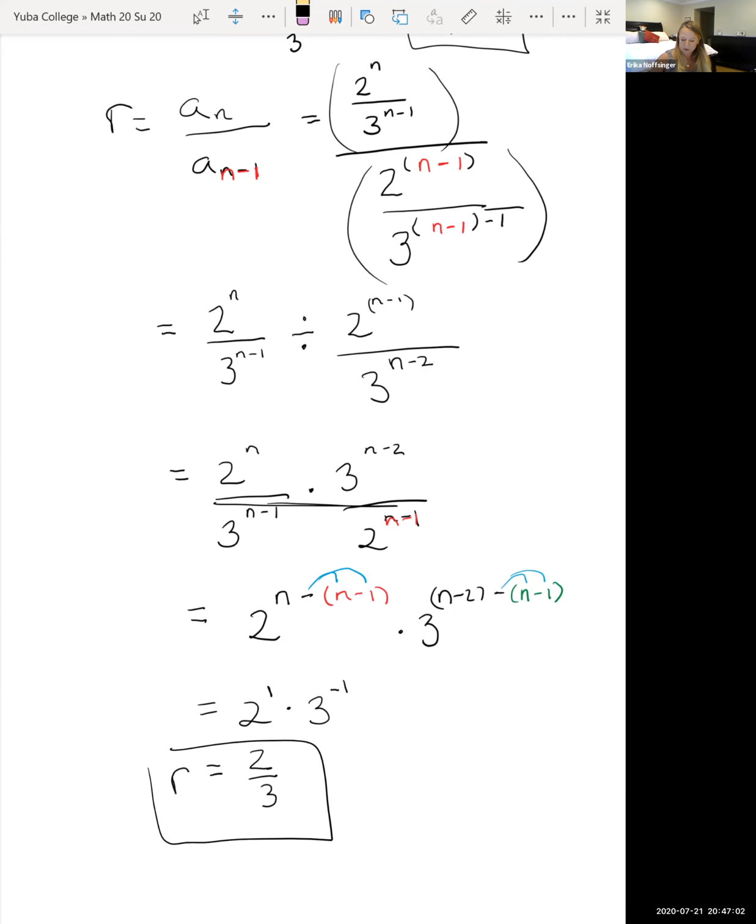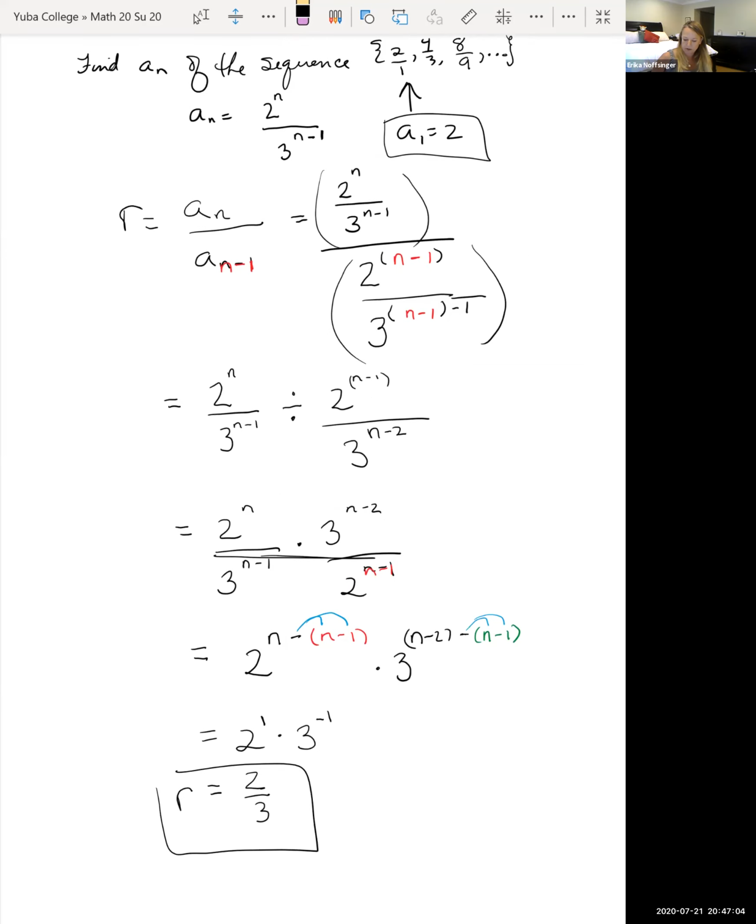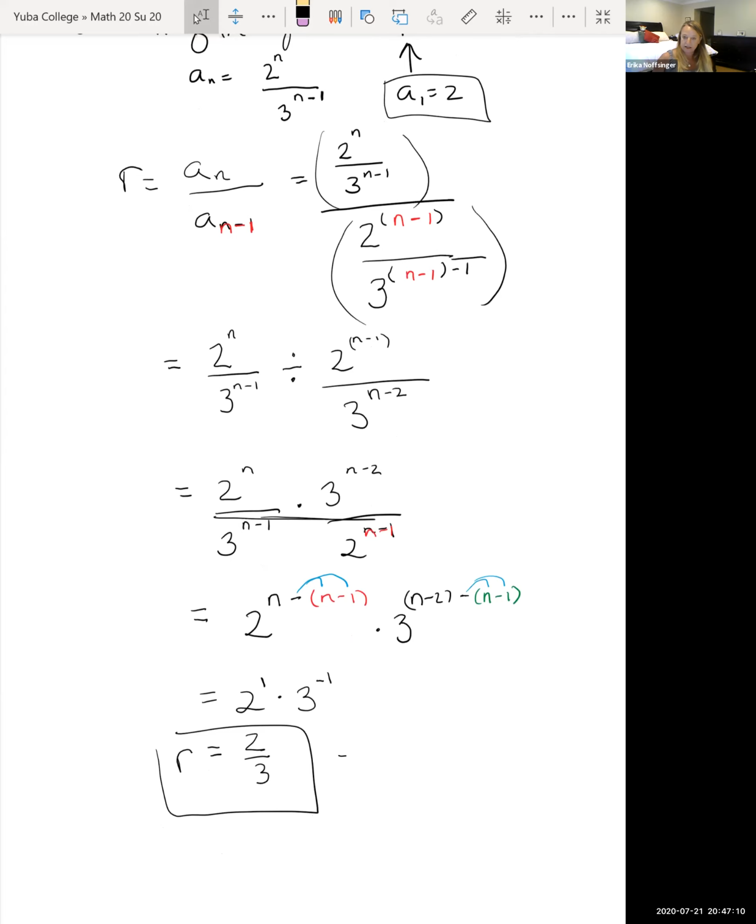A sub 1 is equal to 2. And now we can tell if it's converging or not converging. So it's a geometric sequence. And the absolute value of r is less than 1.